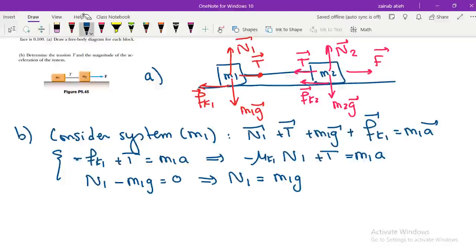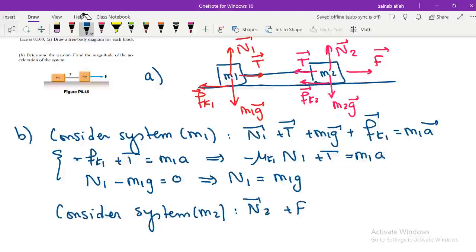I need another equation. So let's consider system M2. For M2 I have 5 forces: N2 plus F plus M2G plus FK2 plus T. All of these equal M2A.